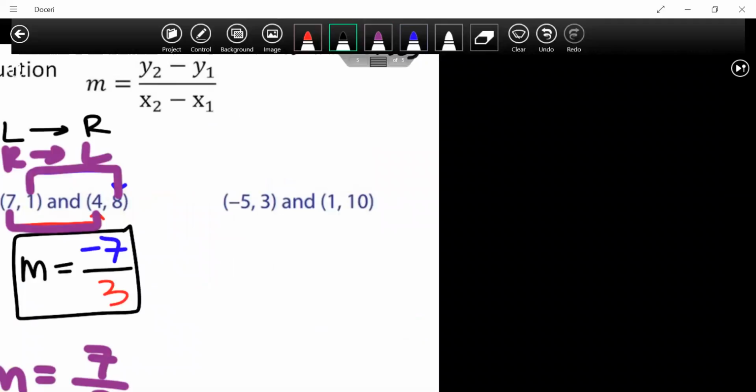Doing our last one. Which way do you guys prefer, the first or second? Second. Do the second if it works for you. I'm going to do one last time. X1, Y1, X2, Y2. I'm going to do it kind of modified. What's my y2 minus y1?